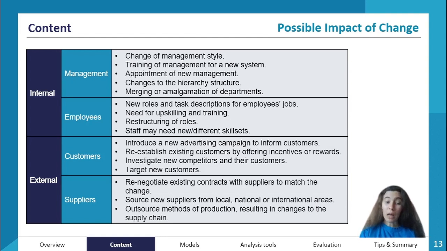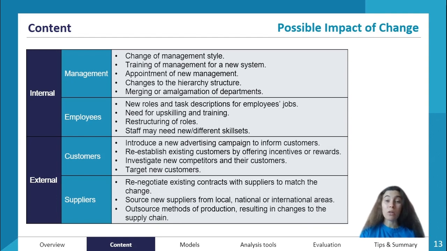And in terms of suppliers, it may need to renegotiate existing contracts with suppliers to match whatever the change is. You may need to source new suppliers from local, national, or international areas. If you're expanding overseas, then that would perhaps mean that international suppliers would be necessary to save on costs.